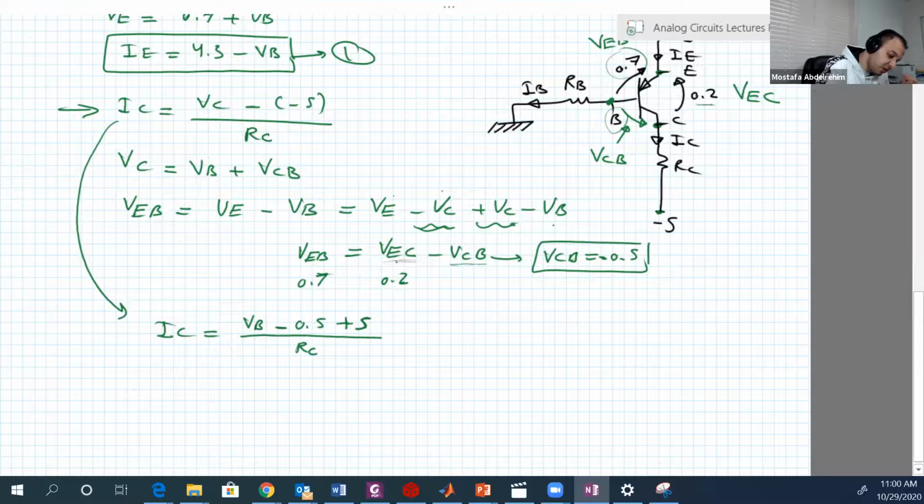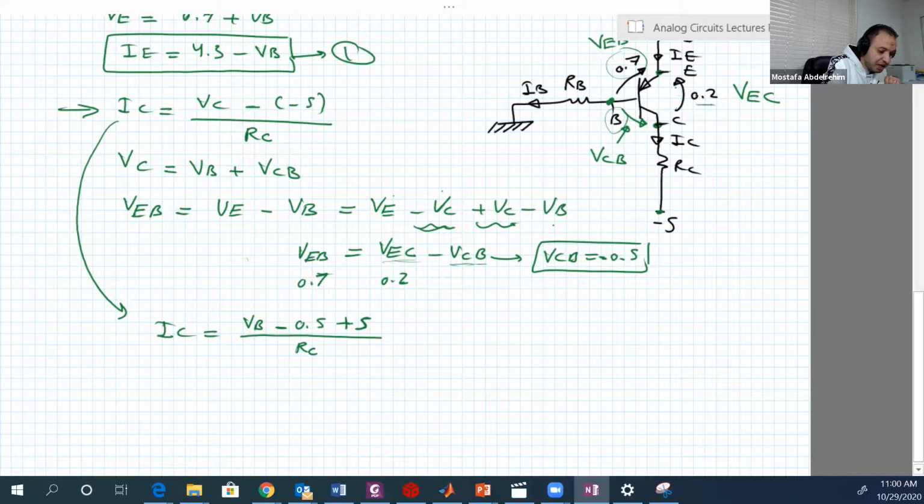And here is VEC. I don't know, something is not good here. It should be plus, not minus.